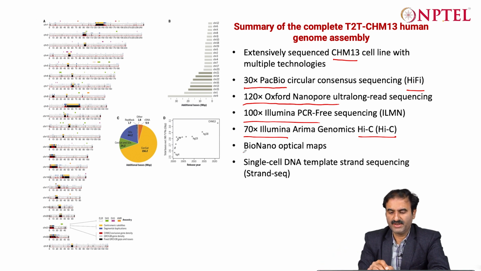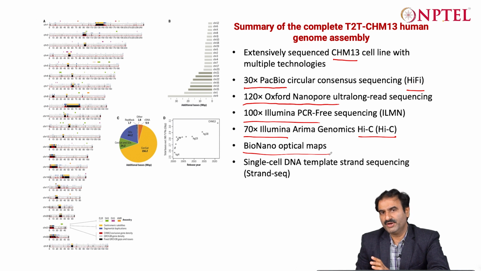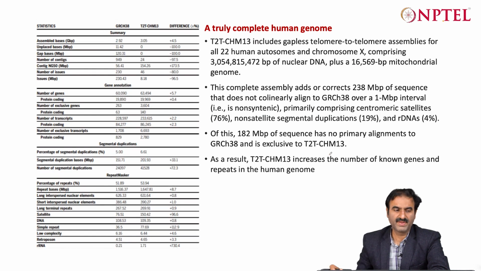Then BioNano for the optical maps of chromosomes, which is very important these days. And they also did single-cell DNA template strand sequencing, Strand-seq, which is also a new technology to explore the other regions of these chromosomes which could not be covered by other methods.